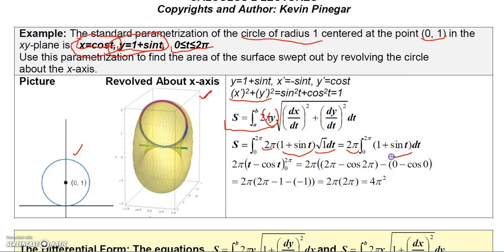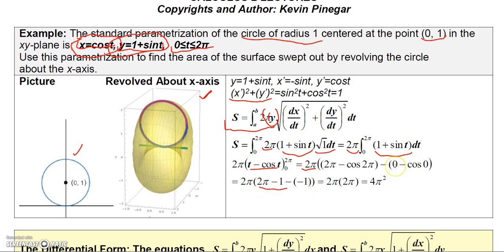If you integrate 1 plus sine t dt, you'll get t minus cosine t from 0 to 2 pi. I'll leave the 2 pi on the outside for now and just evaluate the t minus cosine t. If I plug 2 pi in here, I get 2 pi minus cosine 2 pi. And if I plug in 0, I get 0 minus cosine 0. So here I'm going to get 2 pi minus 1.